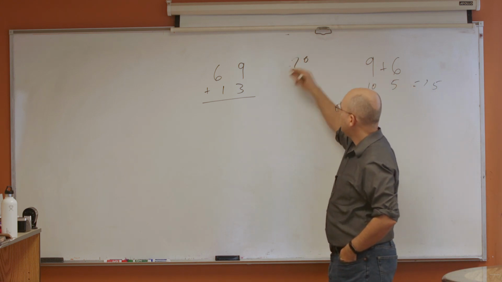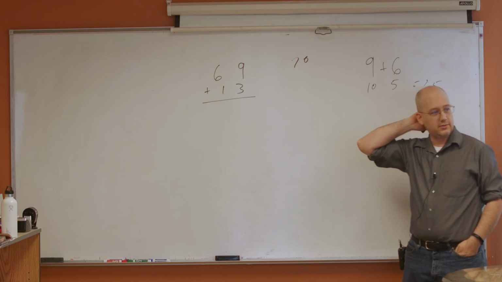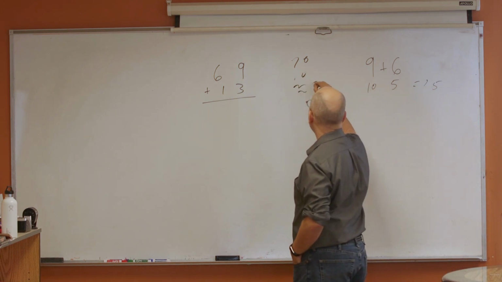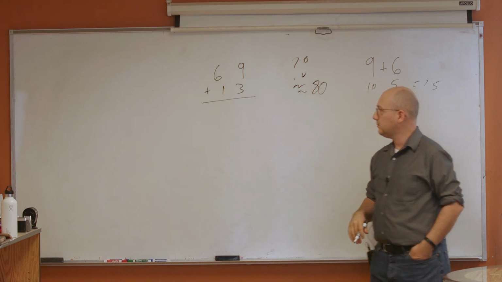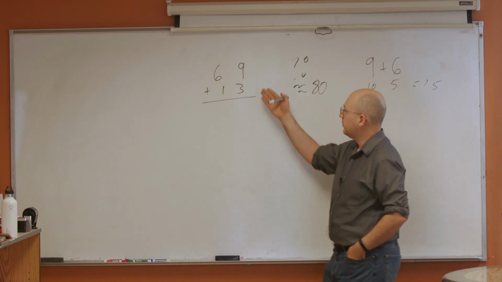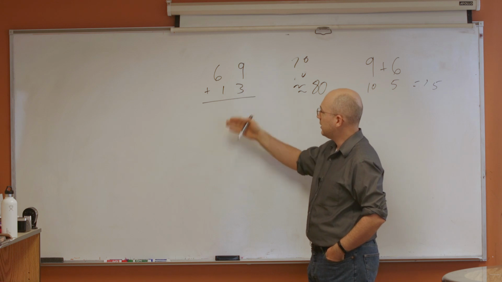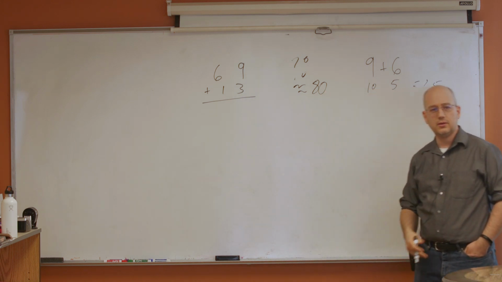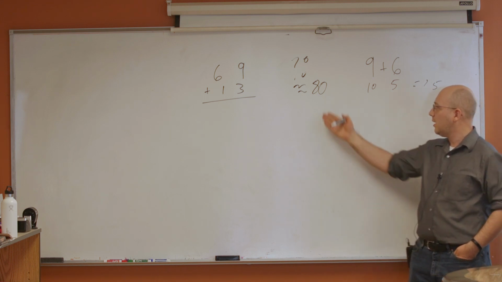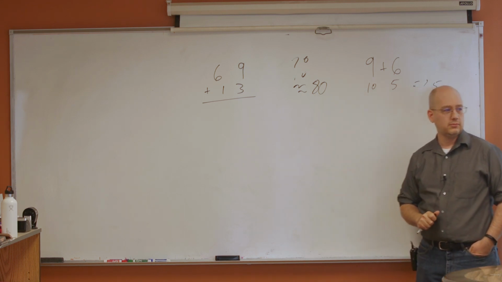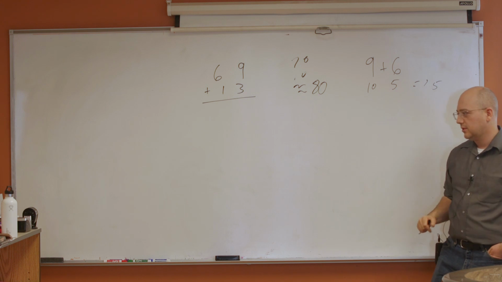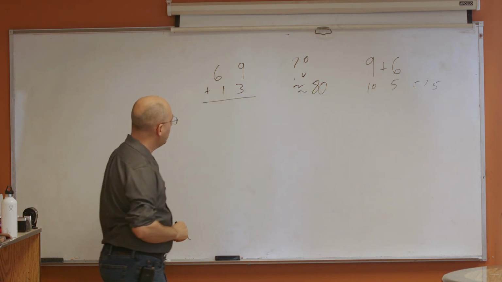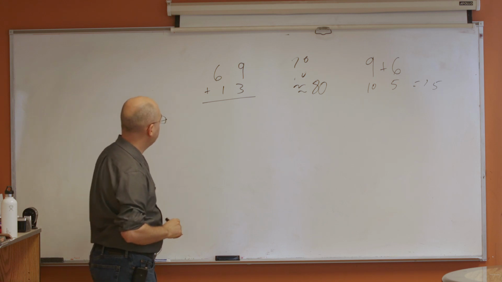And 13, what is that close to in terms of tens? 10. So I instantly already know it's 80. So, for example, if I was buying something that was $69 and something else $13, and I want to know if I have enough money in my wallet, and I know I have $100 in my wallet, I'm probably good. You know, very often that's all you need to do. All right. But also very often you need details.